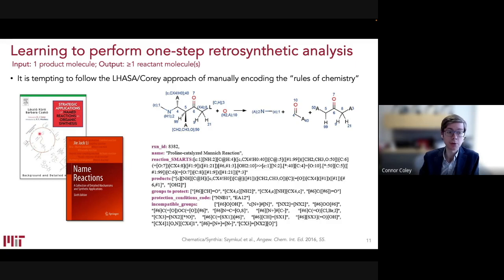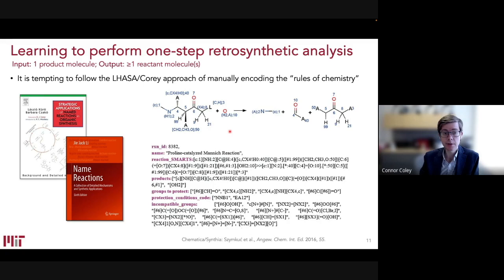Now, these templates are typically drawn in a way that's more human interpretable than what's shown on this slide, but what's here on the slide is an example of one such template from Synthia, which is an expert program for retrosynthetic analysis. And so in Synthia, you have these expert chemist encoded transformation rules written down as reaction SMARTS strings, which is just a linearization of the subgraph in a depth first search.